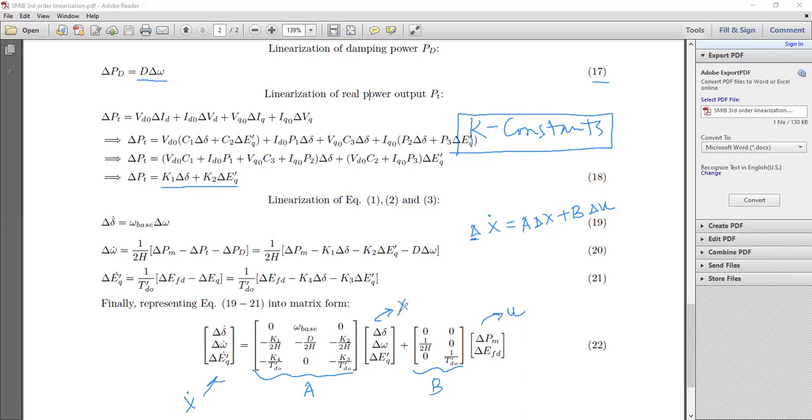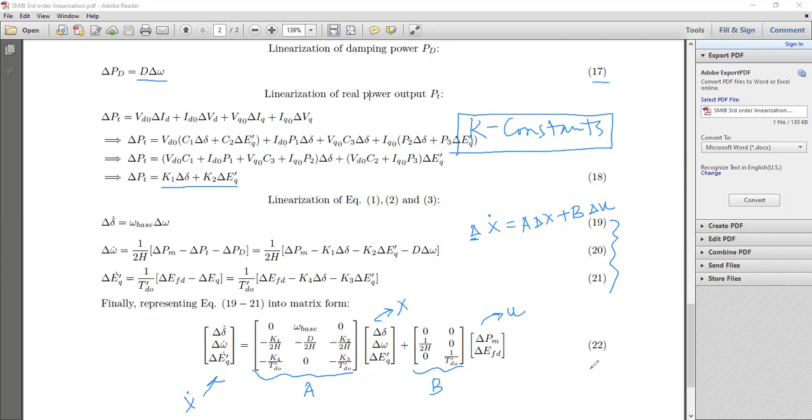I'm not repeating those deltas here and here and here, but there are deviation terms, delta terms there. So simply you now write these three equations, 19, 20, and 21, in terms of AX plus BU. I hope you can do that. Once you do that, you will find that this is your A matrix and this is your B matrix.